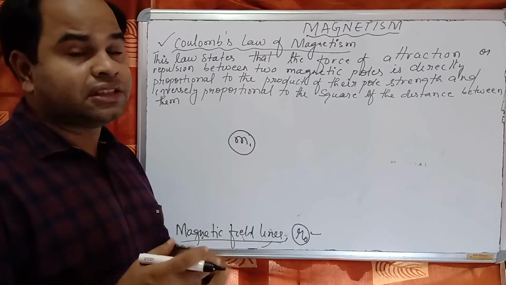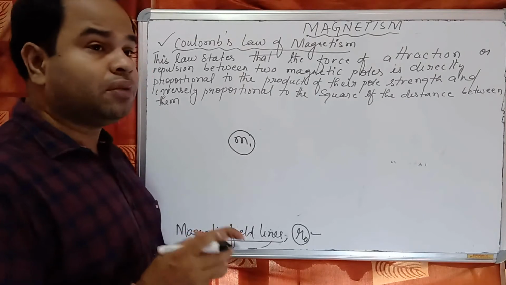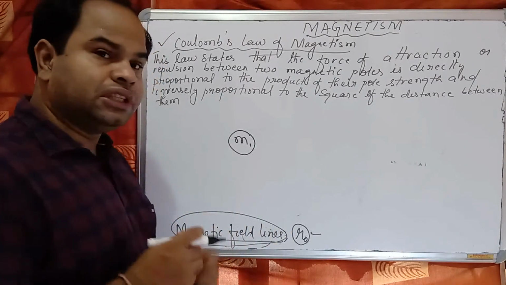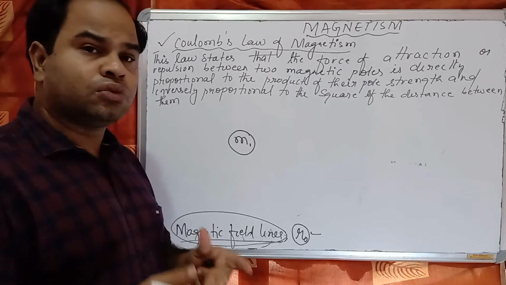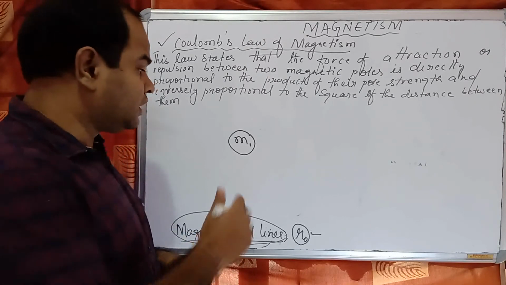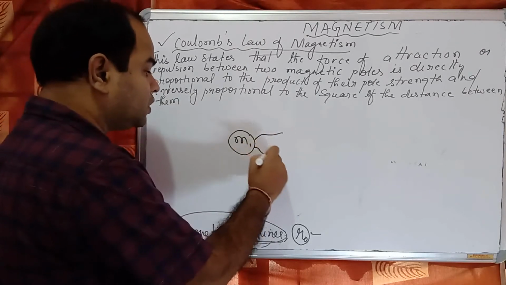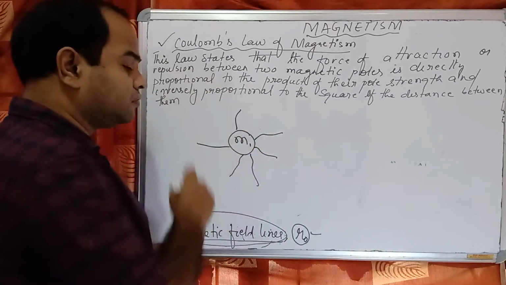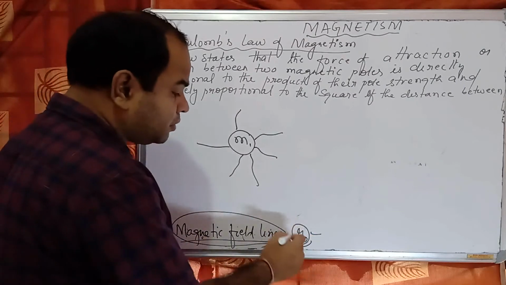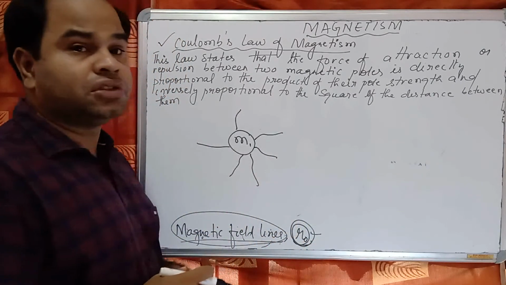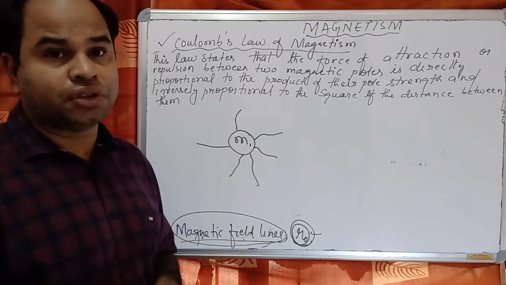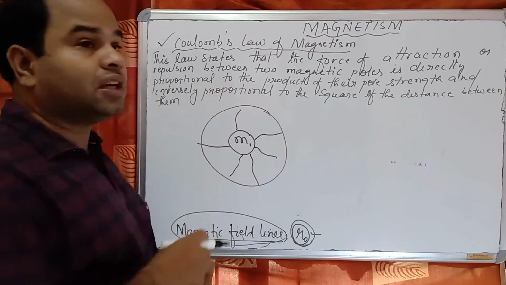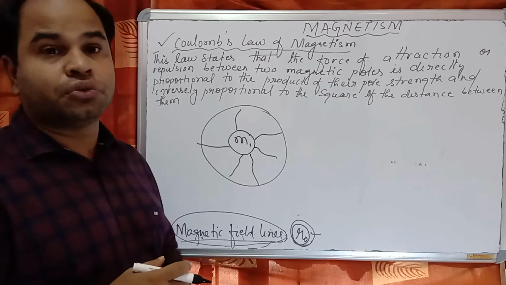These field lines will travel through the medium. It is the permeability of the medium which allows these field lines to travel through it.